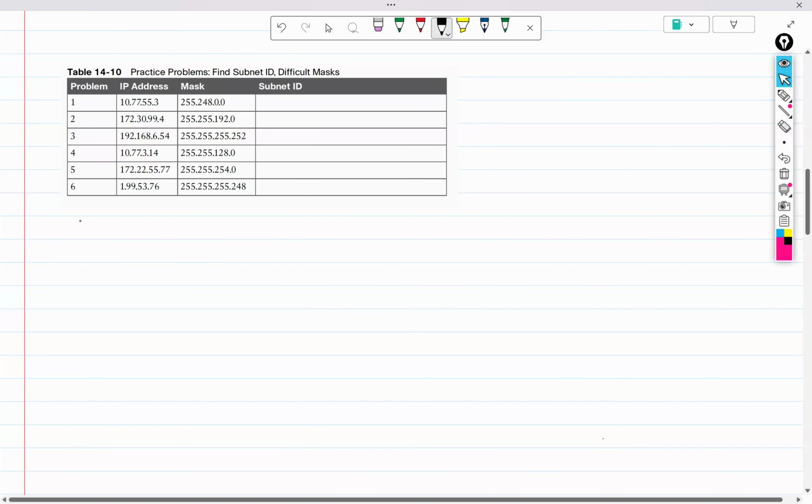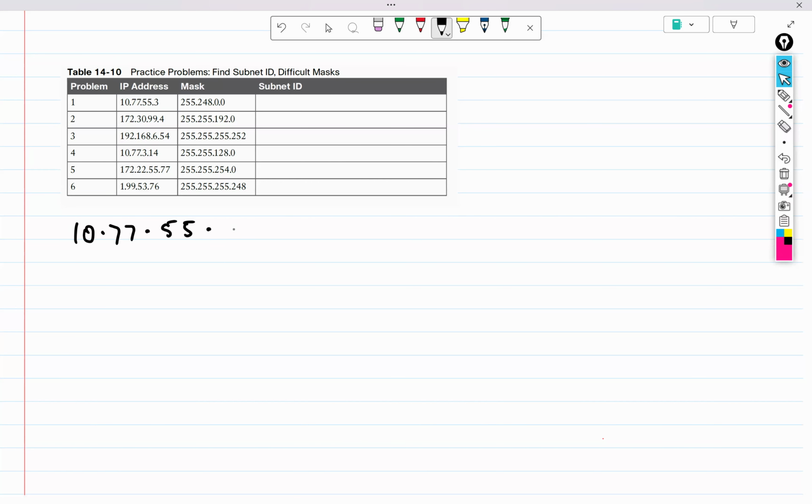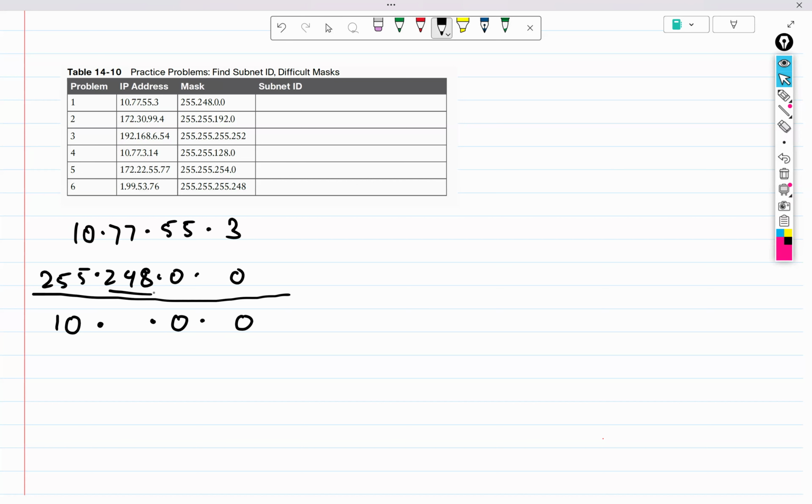The IP address is 10.77.55.3. The address mask is 255.248.0.0. To find the network ID, all we've got to do is wherever there is 255, copy that value down. Wherever there is 0, just write 0. So the difficult number is 248. So the first step, subtract 248 from 256. So you get 8, right?